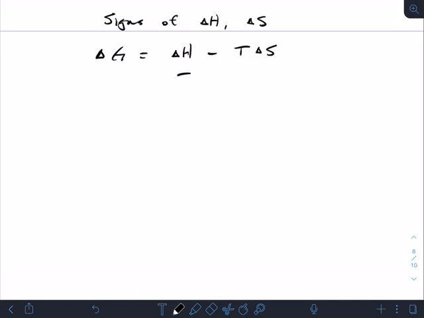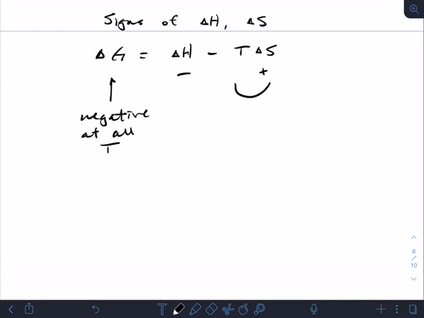So looking at the signs of delta H and delta S: if delta H is negative and entropy is positive, that means delta G is negative at all temperatures. It really doesn't matter what I plug in for my temperature.